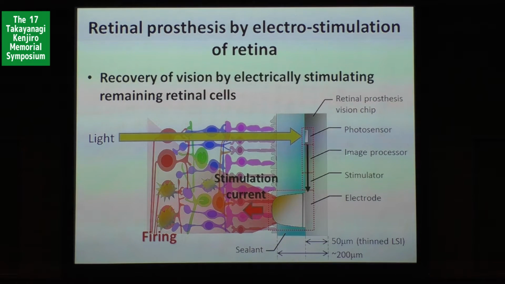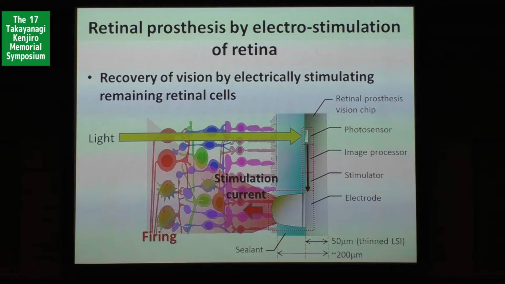Image processing follows. Then, based on the light intensity, the stimulator generates stimulation currents, which are put out from the electrode in this direction. And this current evokes vision.